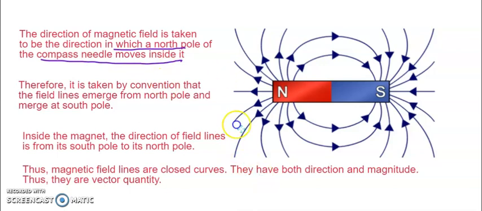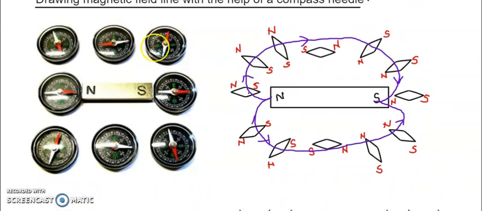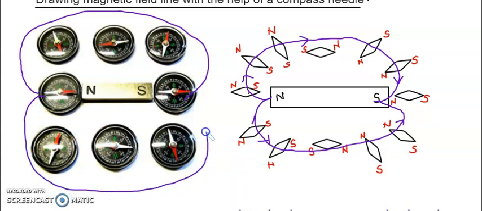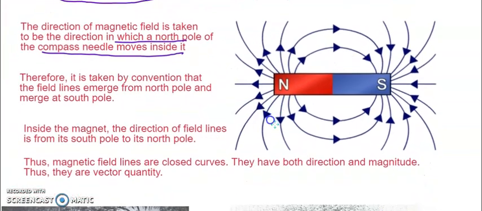Can you see the north pole moving inside? The white is the north, so it is going like this and coming back like this, right? Same way in the bottom also, it goes like this and comes back inside. So that is the direction of the magnetic field lines.